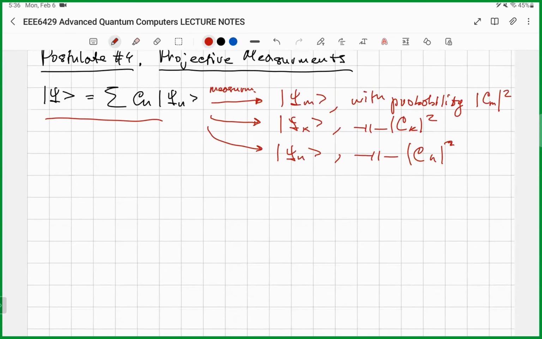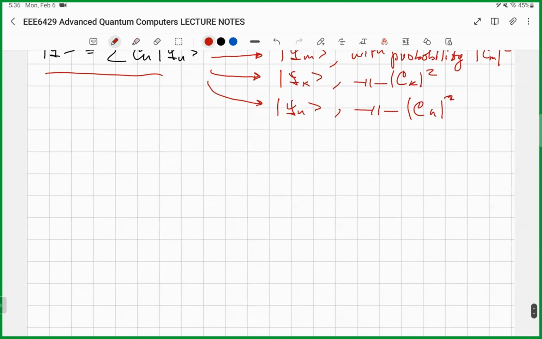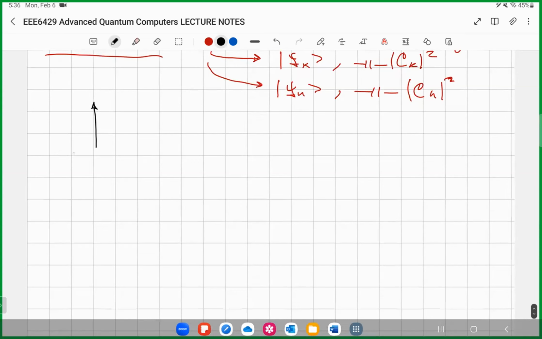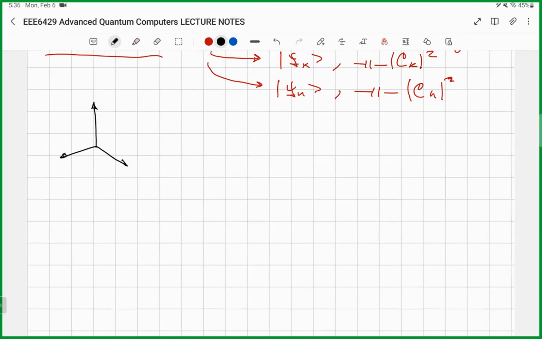And how you can imagine this situation. So let's say you have a Hilbert space with some basis.